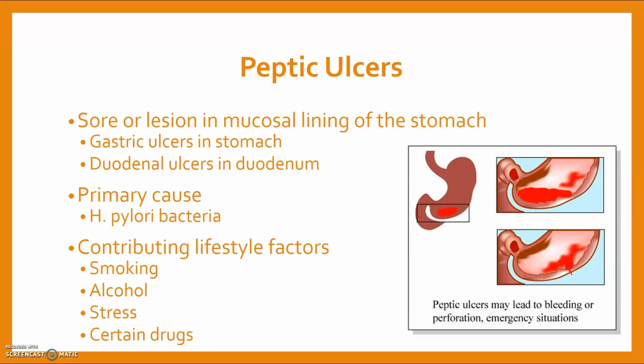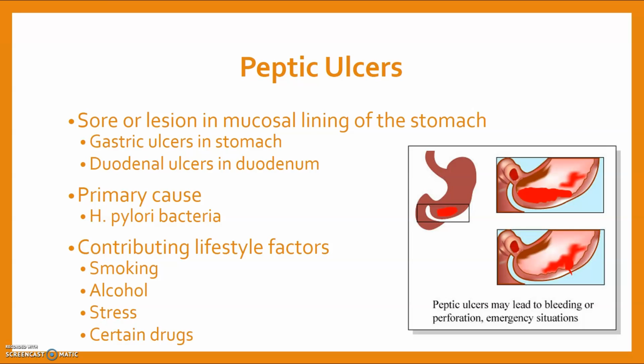We'll finish today's class by talking about peptic ulcers. Peptic ulcers are a sore or lesion in the mucosal lining of the stomach. So gastric ulcers are located in the stomach, and duodenal ulcers are located in the duodenum.